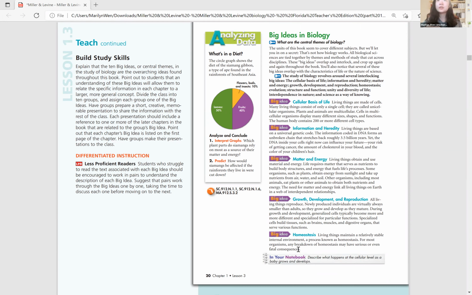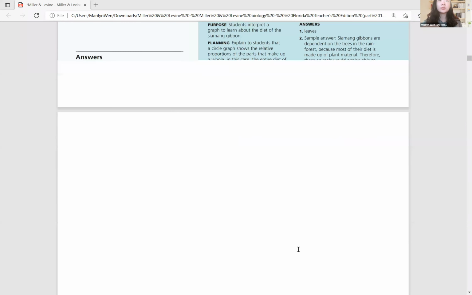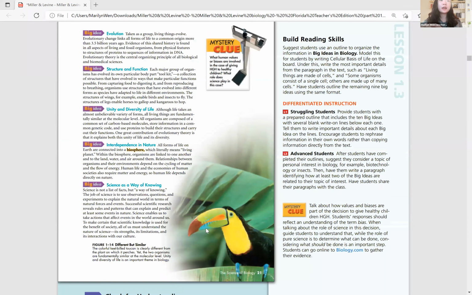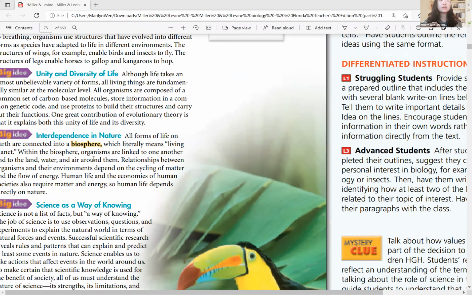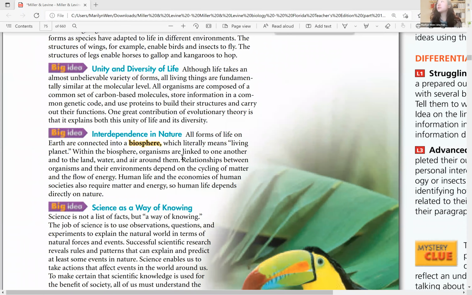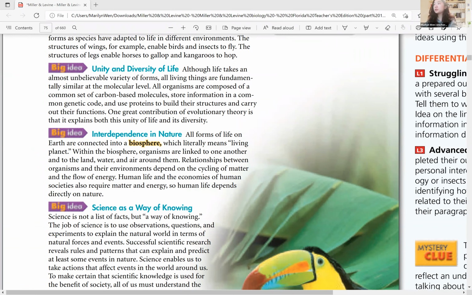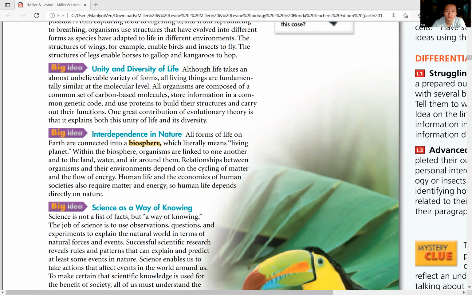You can read it on your own time, but as of right now, we'll look at the definition of biosphere. Okay. Oh, and also, if you have any questions when I'm explaining things, just feel free to ask. Okay. Because I know it's a lot of stuff to remember.